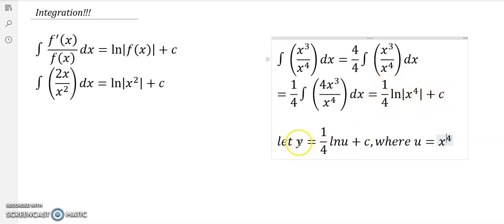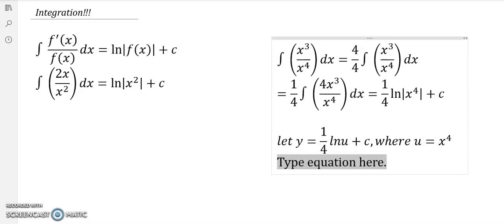We have y equal to 1 over 4 ln u. In our case, u is nothing but x to the power 4. I placed u in place of x to the power 4 plus the constant c, so that we can be able to derive it. Okay, let's go ahead and derive it.